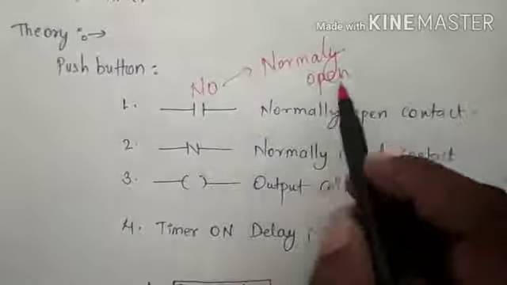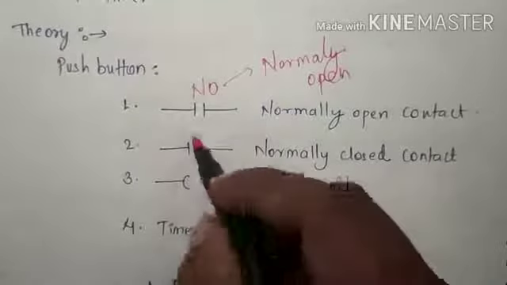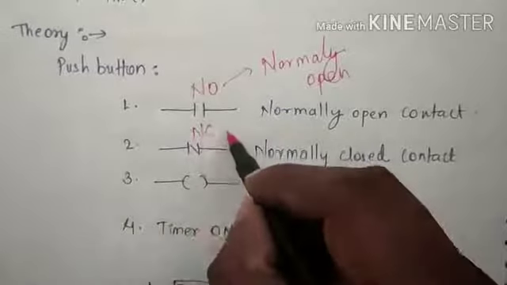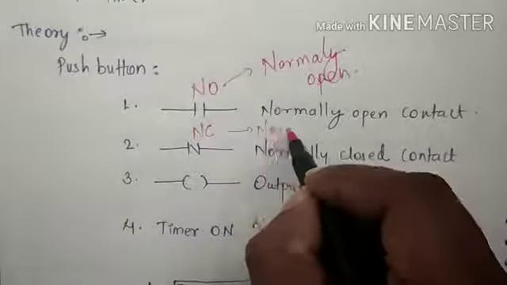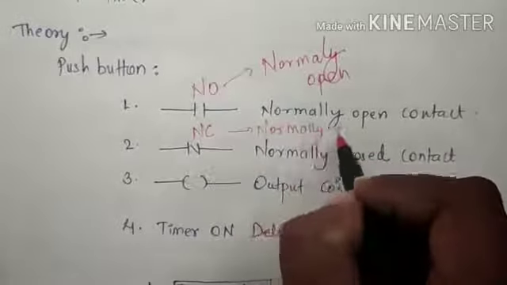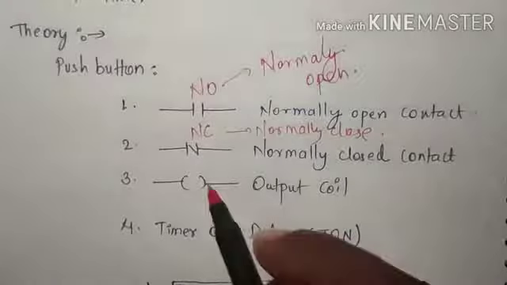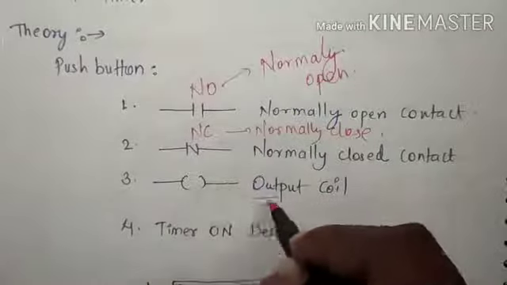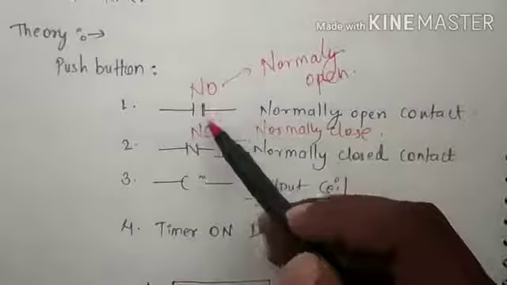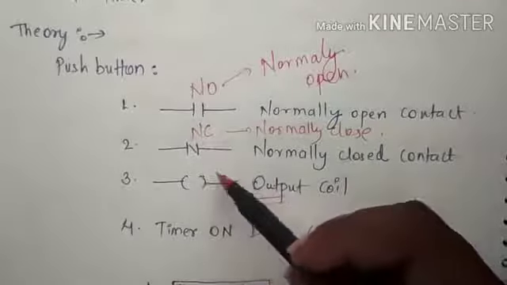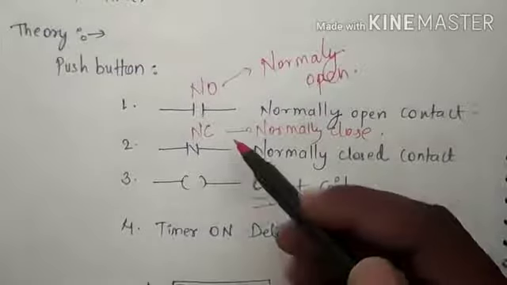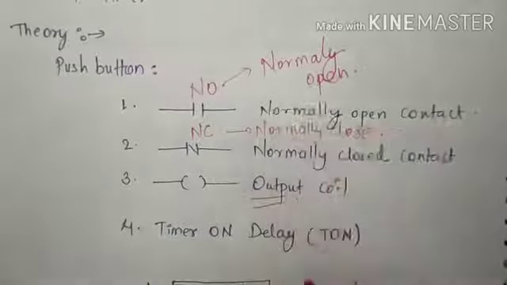The second one is the NC, similarly, normally close. And the third one is the output. So these are the three elements which are going to be used in our experiment.